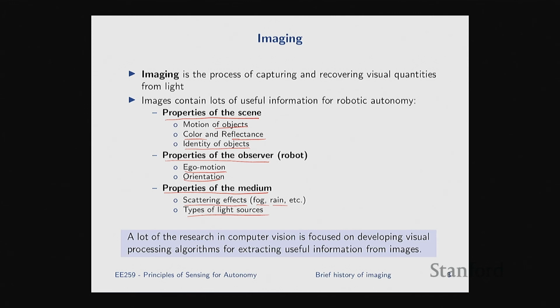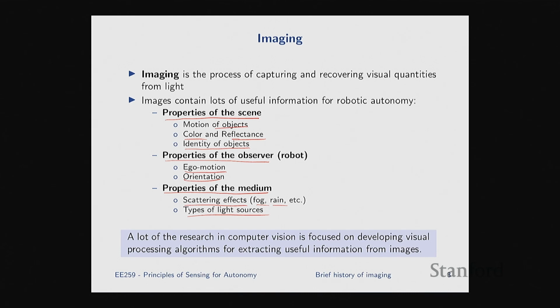Now, a lot of research in computer vision for the past 20 years has been focused on developing smart algorithms to process images from these vision sensors for extracting the types of properties that we just talked about. Computer vision is a huge field.